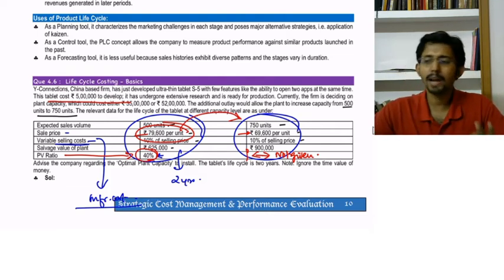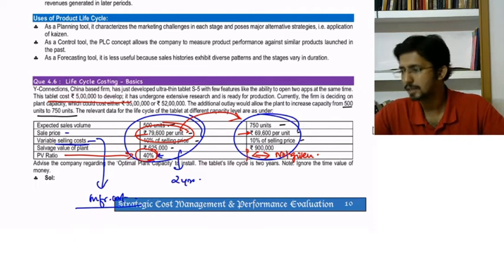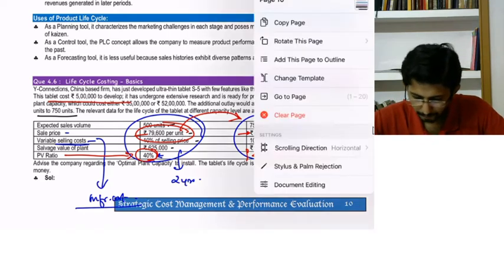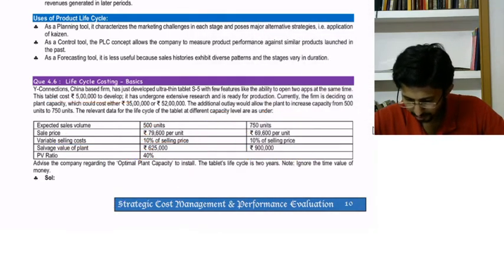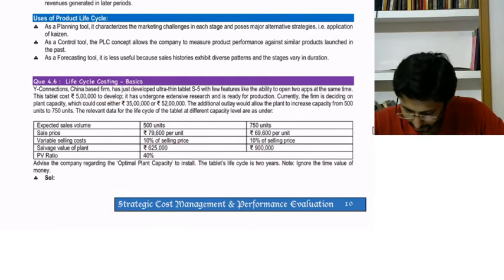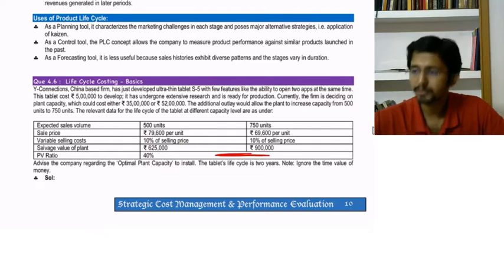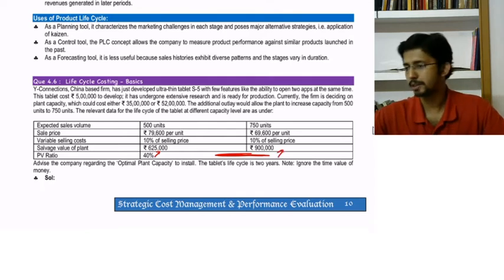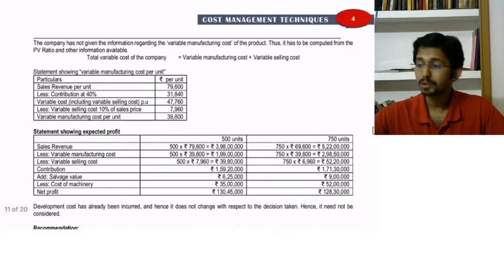Even though I have given that answer in my material, I think that is a wrong assumption, because if you see the question, it is PV ratio 40% and there is no differentiation here. So the inference to be taken is that this 40% PV ratio is applicable for this option as well as for this option. If you take that assumption, then whatever we have done is correct.